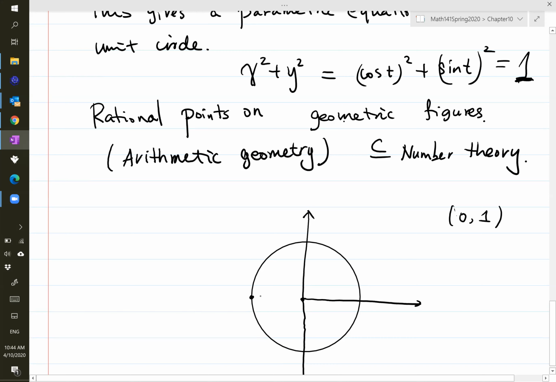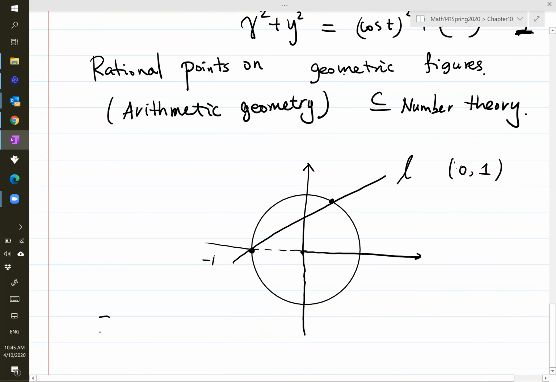So the idea is the following. From this point (-1, 0), if this is a rational point, x, y rational, then if you connect, the line L has a rational slope.